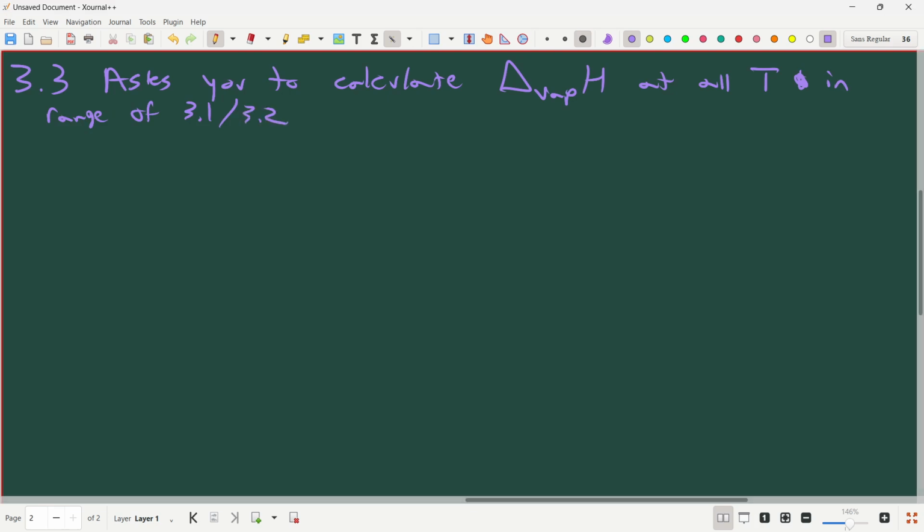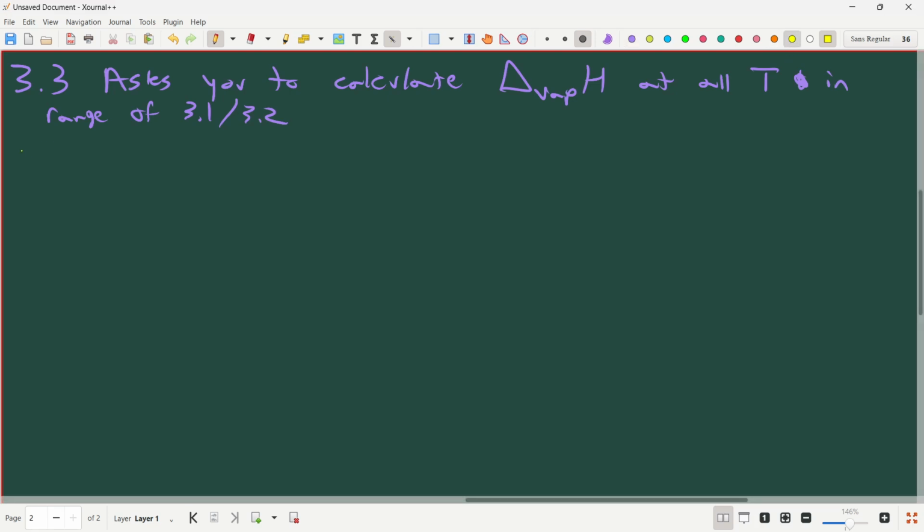What it turns out is that all the calculations that you do in 3.1 and 3.2 are used in 3.3. When you have the densities of both phases and you have the vapor pressure, you can calculate the enthalpy. Now let me show you how you do that.